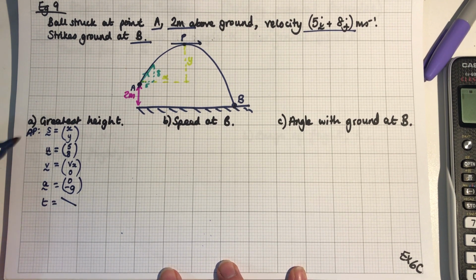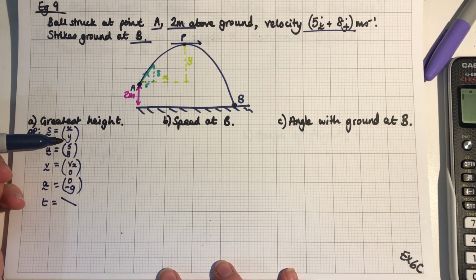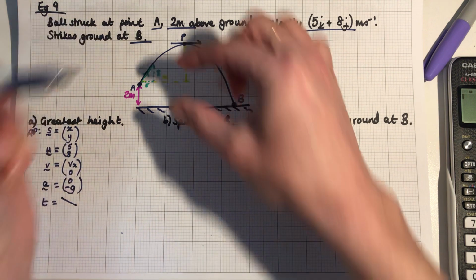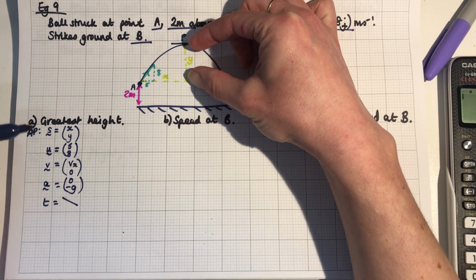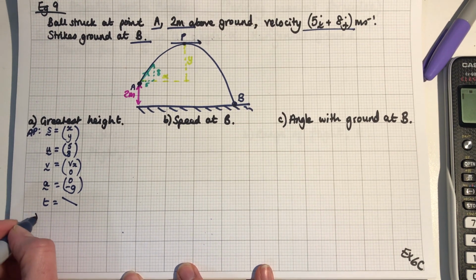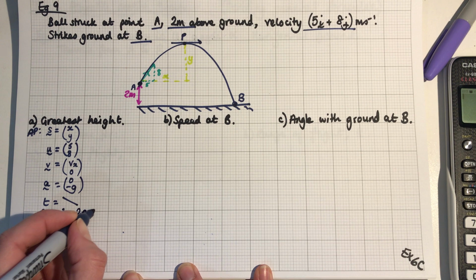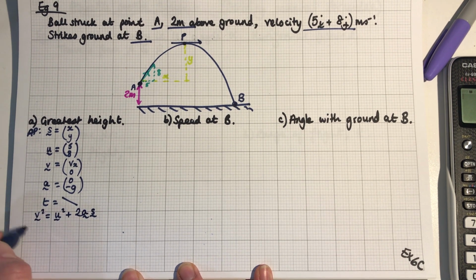In order to find this greatest height, they're asking us to find Y here, but there's a little bit more to it, and I'll point that out in a second. So we need to know this distance. I need an equation that involves S, U, V and A. That, of course, is V squared equals U squared plus 2AS. Plug in our vectors.